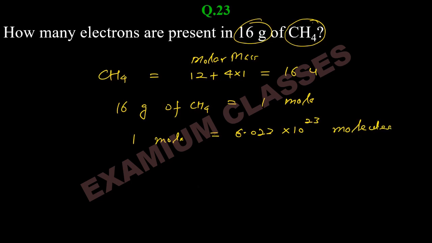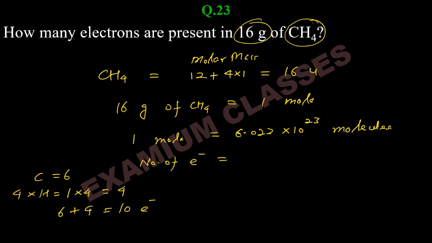And one molecule has how many electrons? Carbon has 6 electrons. Hydrogen has 1 electron, but there are 4 hydrogens. That is 6 plus 4, 10 electrons in one molecule. It means the number of electrons will be 10 times 6.022 into 10 power 23.